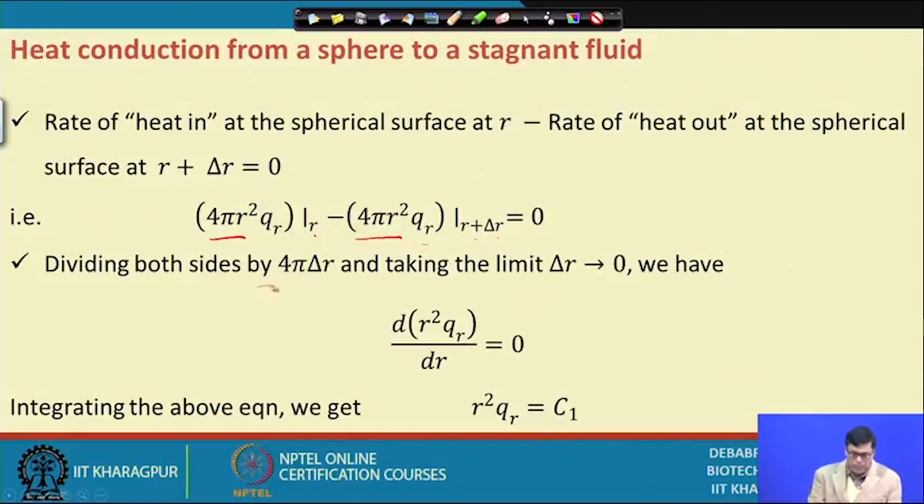Now, if you divide by 4 pi del r and del r tends to 0, we can write this equation in this form, and integrating, we can write r square q equal to C1, where C1 is a constant.